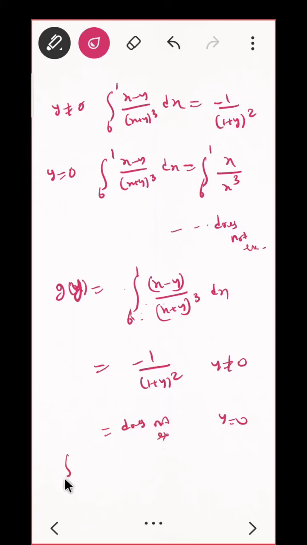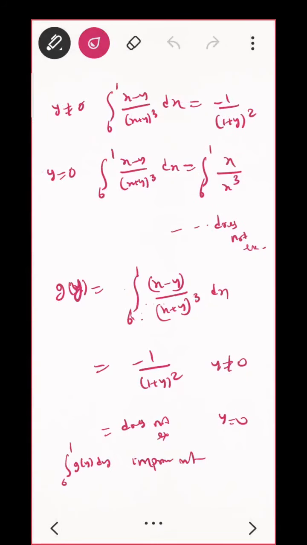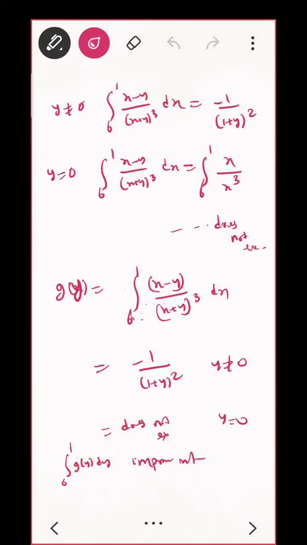So if I want to find the integration 0 to 1 gy dy, that is an improper integral. So how do we solve an improper integral? That is limit a tending to 0 plus, a to 1, x minus y upon (x plus y) the whole cube. Here it is dy now. Yes, dy or dx. We already did dx. This will be dy.